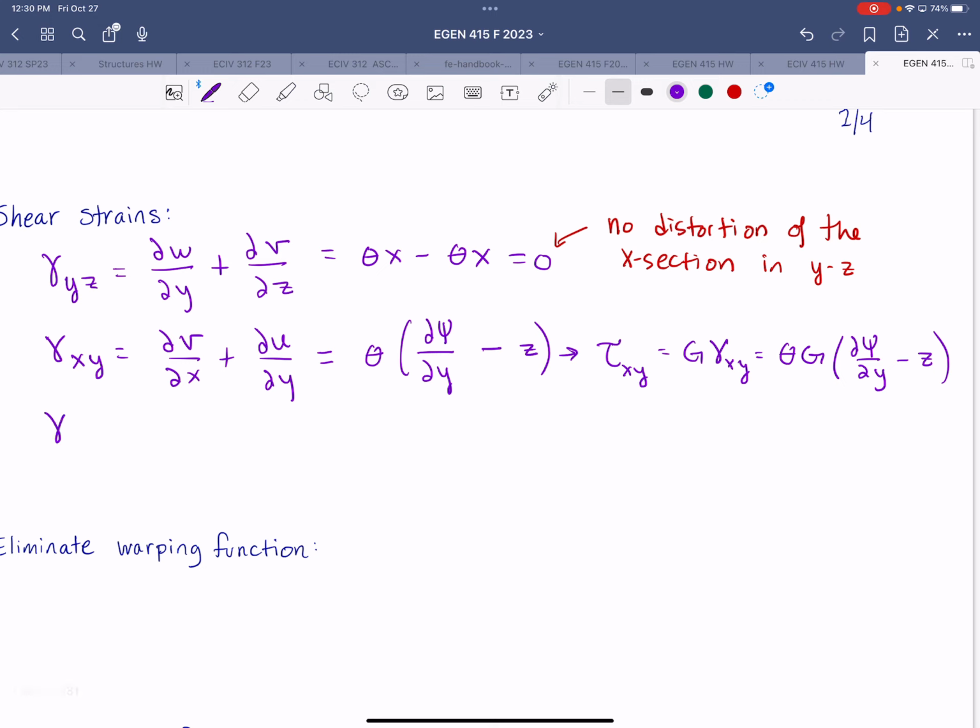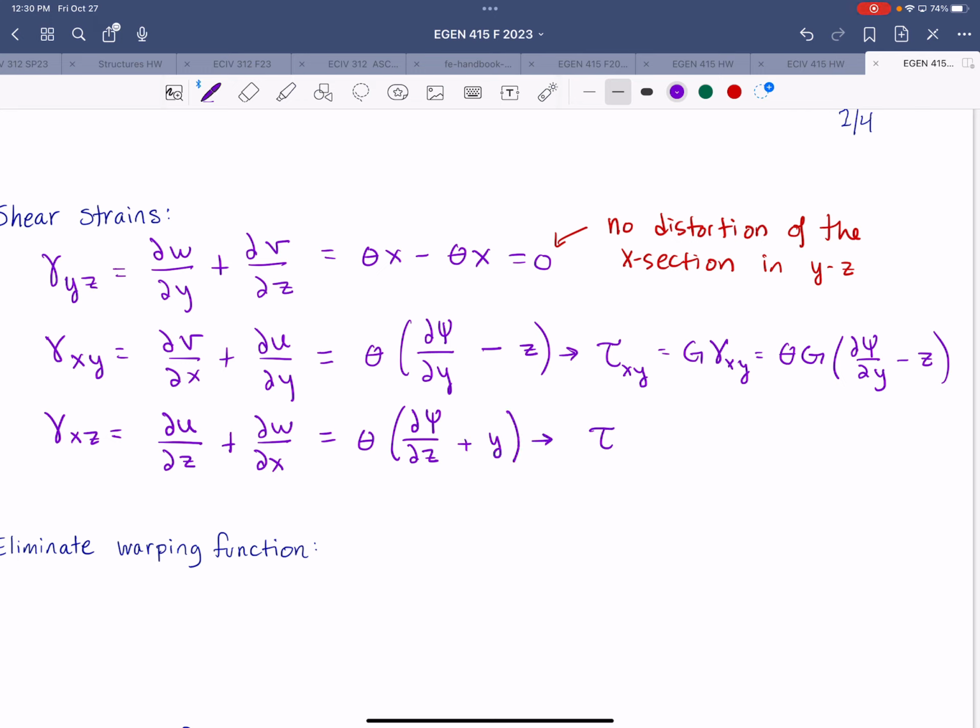And then similar for the xz plane. Here we have the partial derivative of u with respect to z plus the partial derivative of w with respect to x. And that's going to be theta times the partial derivative of that warping function with respect to z plus y.